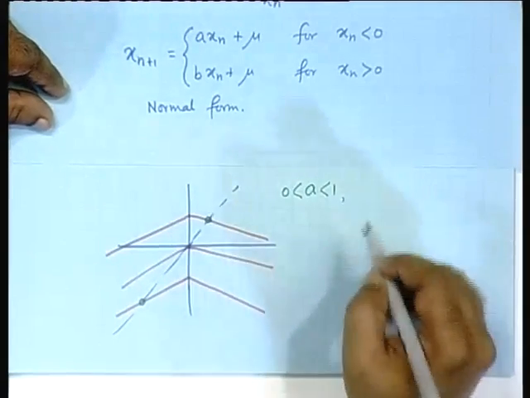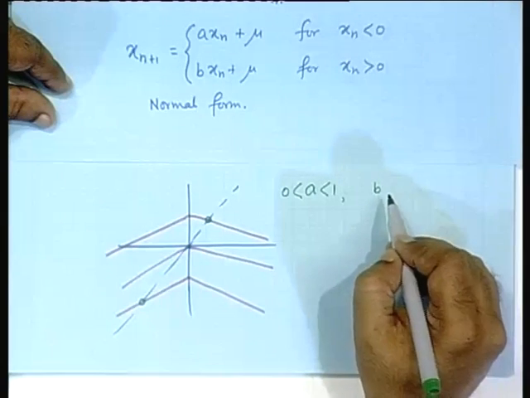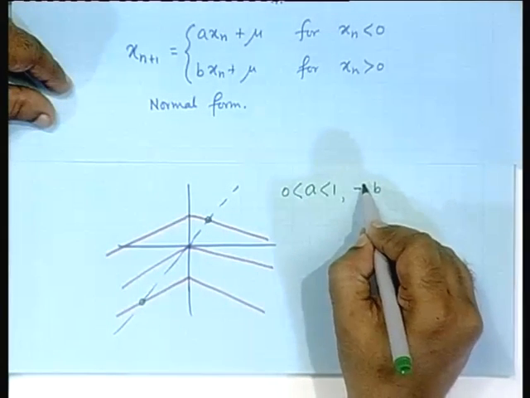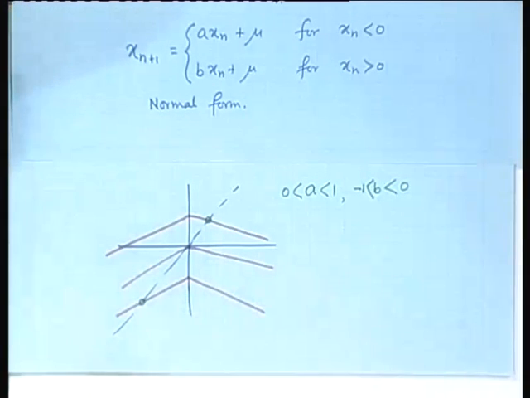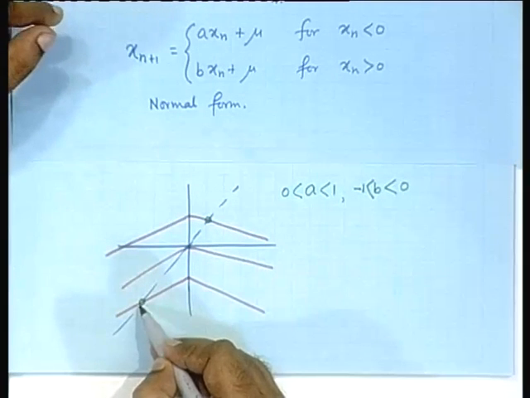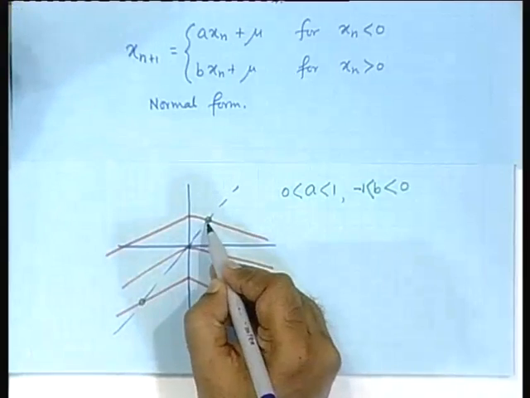We have drawn it as B greater than -1, but less than 0. And in that case, in the bifurcation diagram, what we will see is a stable fixed point, and on the other side also a stable fixed point.